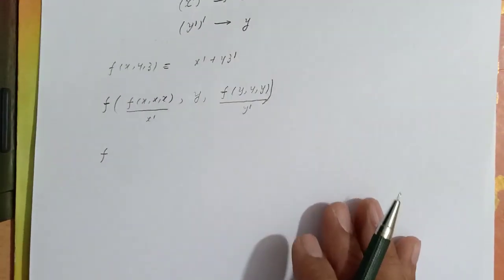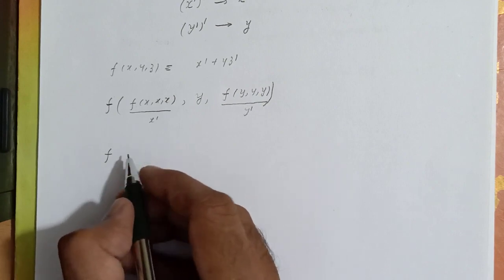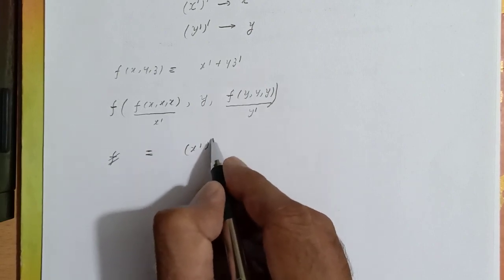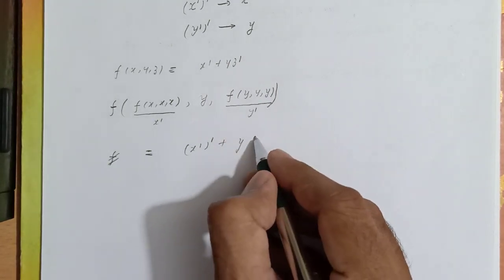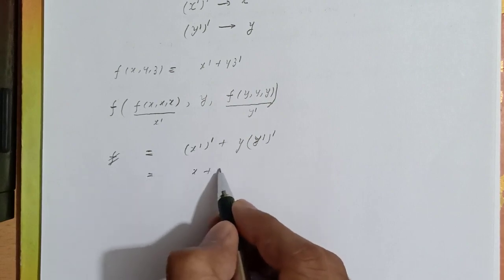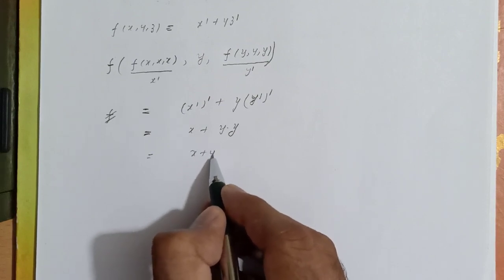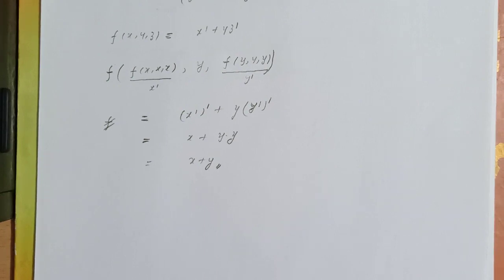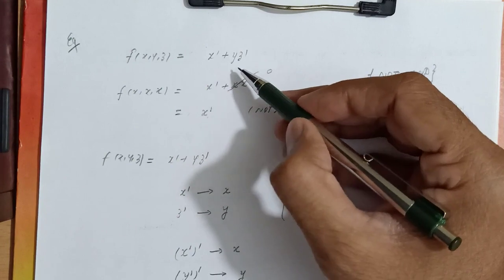So we will open this function like this: equal to x dash dash plus y z dash, and we are placing y dash dash, which is x plus y into y, which is x plus y. So in this way we can realize the OR operation. So we can conclude that the given operation is functionally complete.